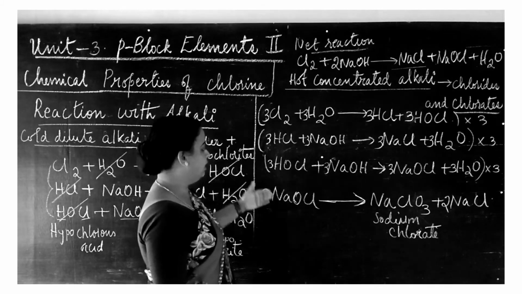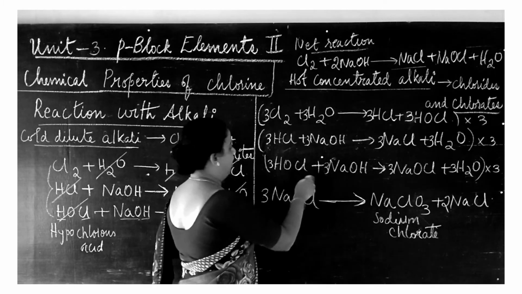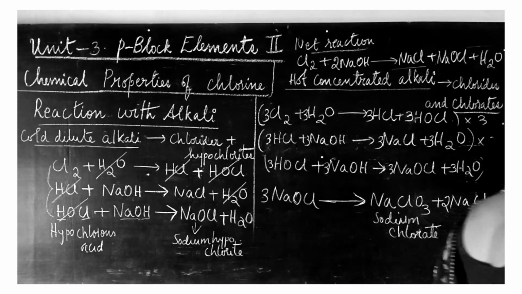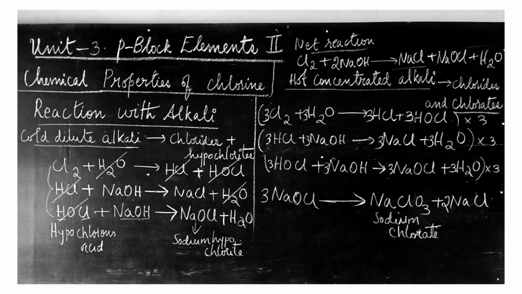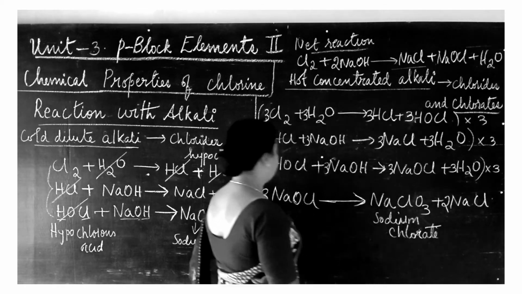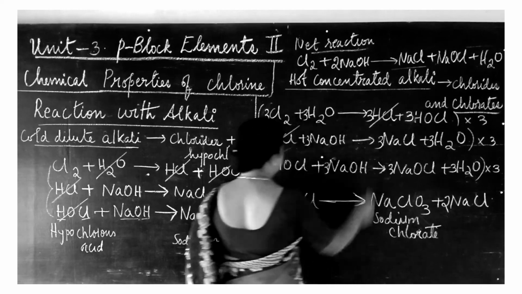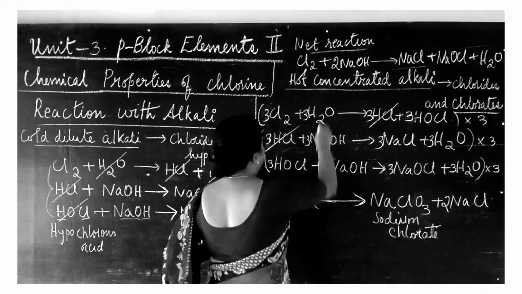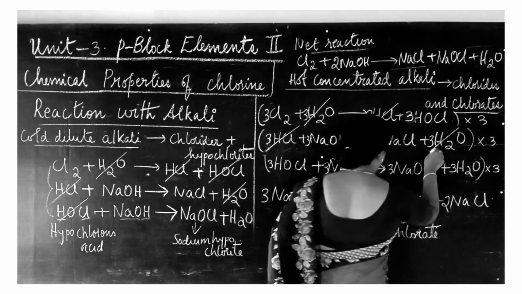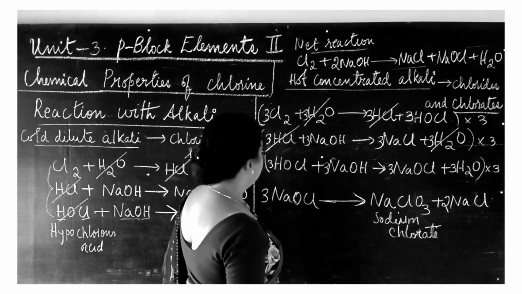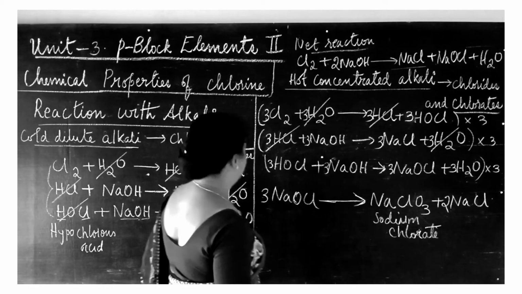Okay. Now let us write the net reaction. After balancing, we write the net reaction. That should be kept in your mind: before balancing, we should not write the net reaction. Net reaction is the total reaction. So 3 HCl cancel. 3 water cancel. That's it for cancellation.